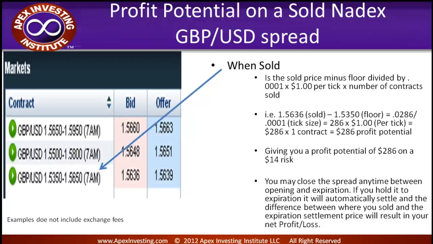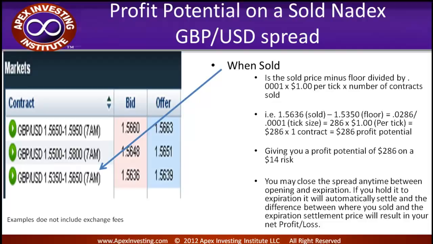So we sold it at 56.36, and the floor is 53.50. The difference between those two is 0.0286. We divide that by the tick size of 0.0001, and we get 286 ticks of profit potential. At $1 per tick on one contract, that's $286 of profit potential.